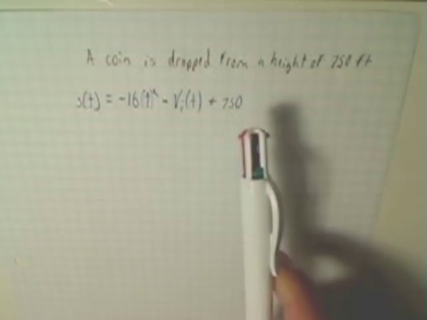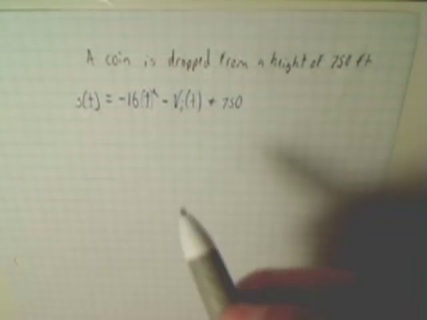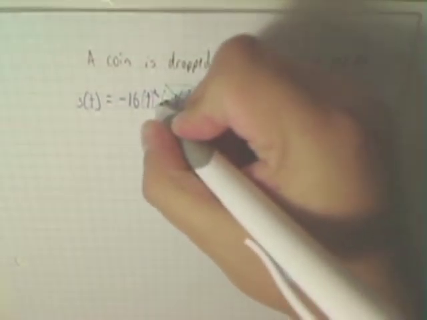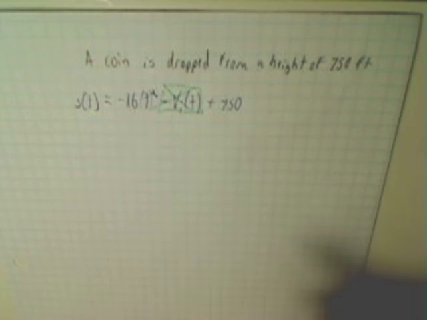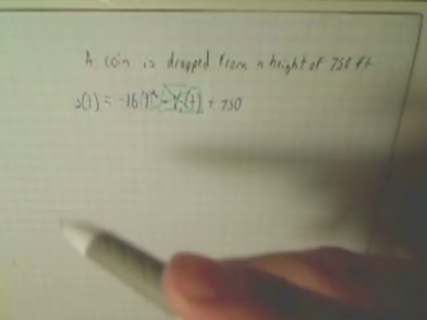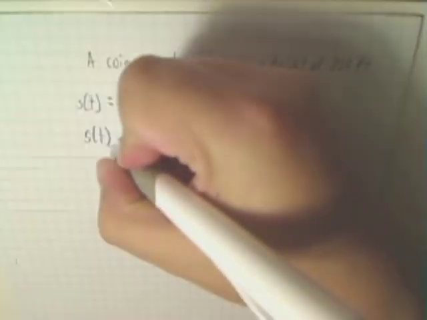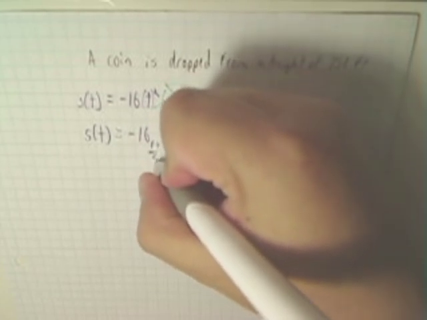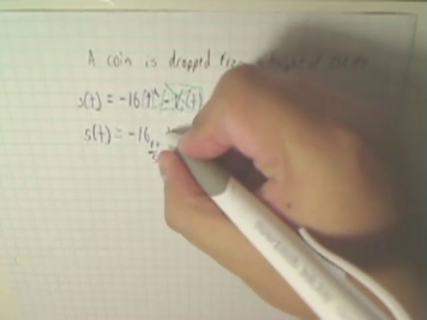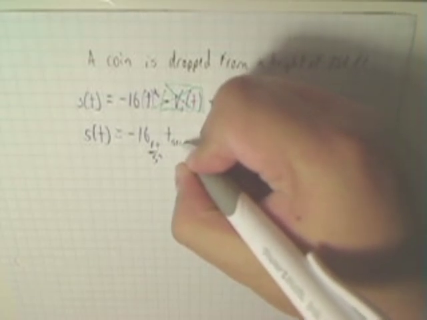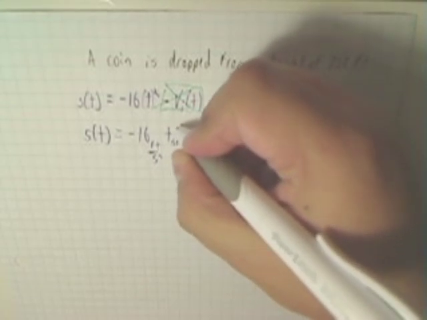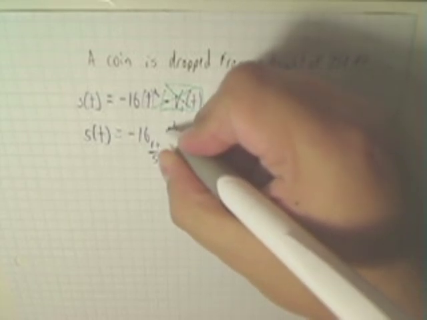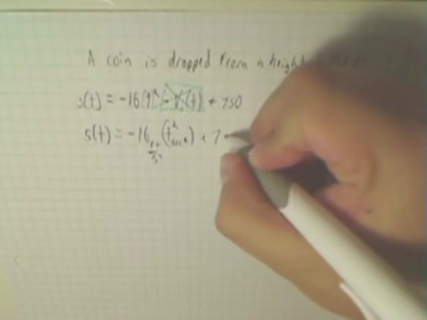As we are not given v initial, it is assumed to be 0, so that part of the expression cancels itself out. So we are now left with S of t is equal to negative 16 feet per second squared times t in seconds squared, plus 750 feet.